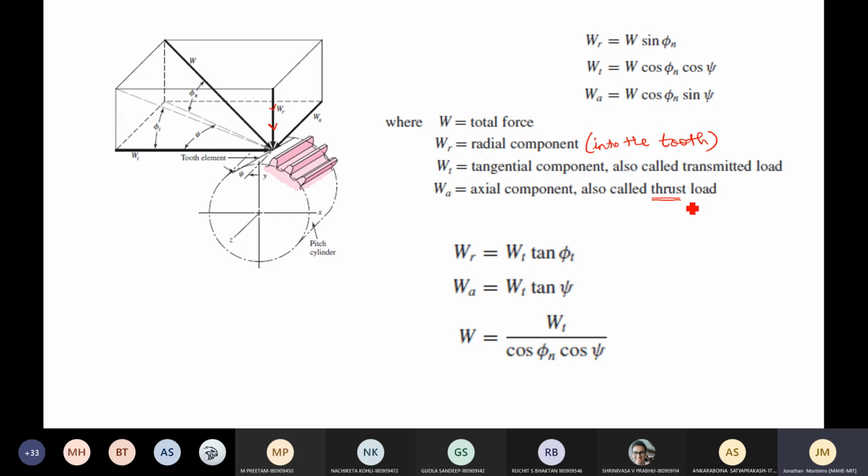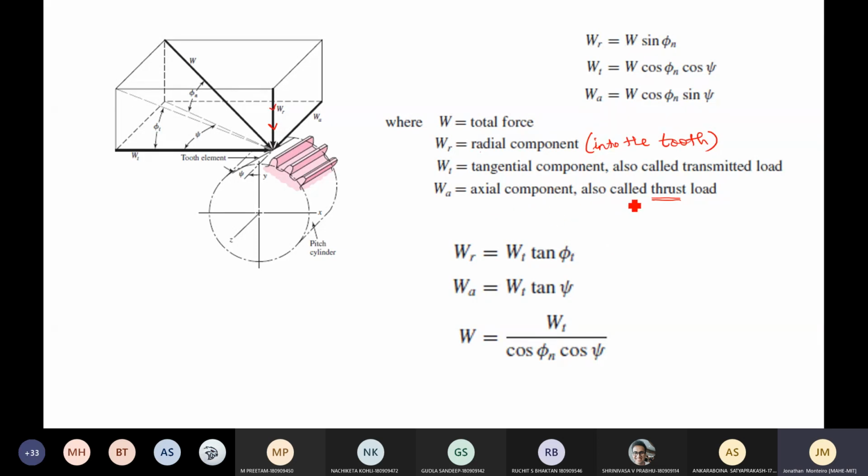They bear the load in the direction of the thrust. Generally in industries, rather than saying axial, they say thrust. So thrust load is handled by thrust bearings, or some bearings which handle both tangential and thrust direction loads, which we understood by the example of tapered roller bearings. So these are the different components that we had seen.